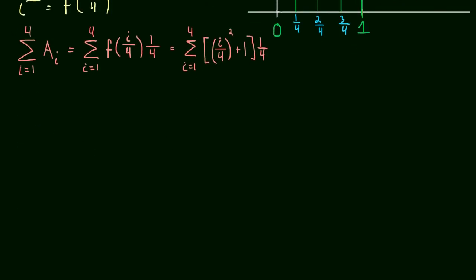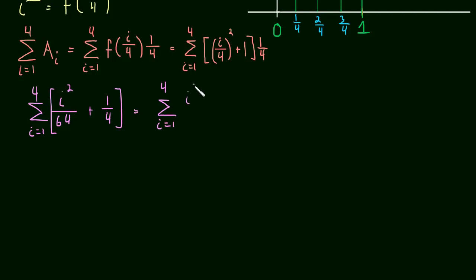And I hope I have time to do so. I don't really want to rush it. This might drag on to another video. But anyways, as i goes from 1 to 4, let me do 2 steps at once. This is going to become i squared over 64 plus 1/4. So what I did is I just squared this, and then I distributed the 1/4 inside. And if you watched the last video, you know that this sum can be broken into 2 sums. I'll show you what I mean.